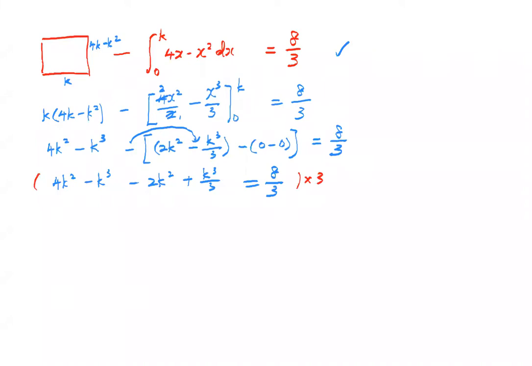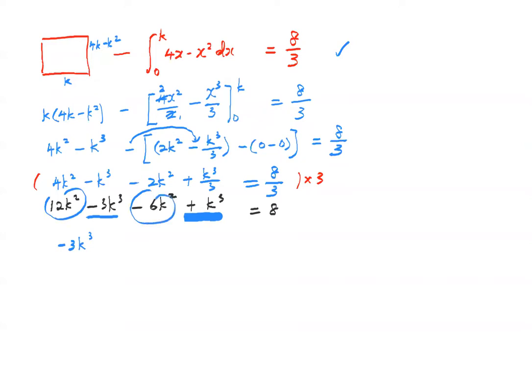So every time you multiply by 3, here you got 12k squared minus 3k cubed minus 6k squared plus k cubed equal to 8. Okay, so now you can simplify all this. So this will be negative 3k cubed. This one and this one, you get plus 6k squared, minus 8 equal to 0.